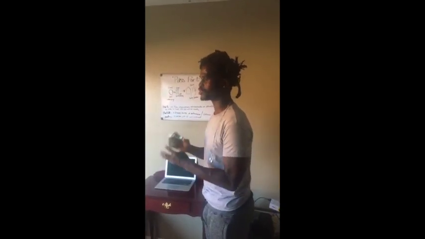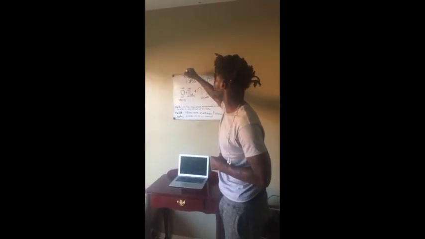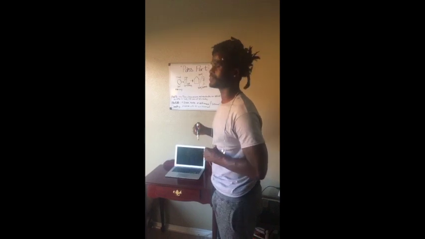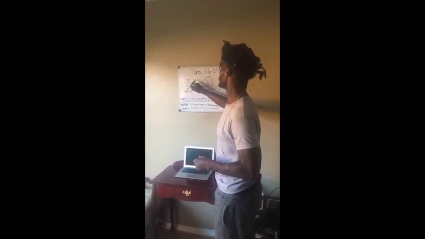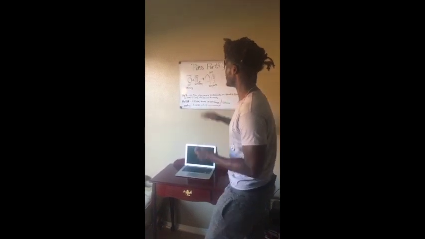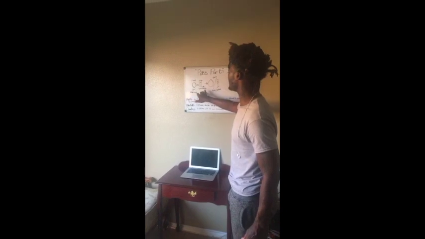You got 9 planets, 12 signs, 12 houses. Learn the planets, learn the signs, learn the houses. Each of them has characteristics.